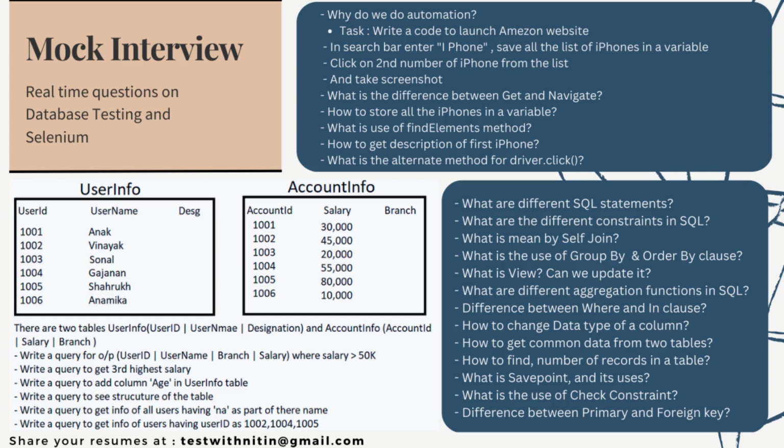Next, we have to read data row-wise and column-wise. For that, we use dot getRow where we pass the index of that particular row, and getCell where we pass the index of that particular column, like zeroth row and zeroth column. And to read the string data, we use getStringCellValue.